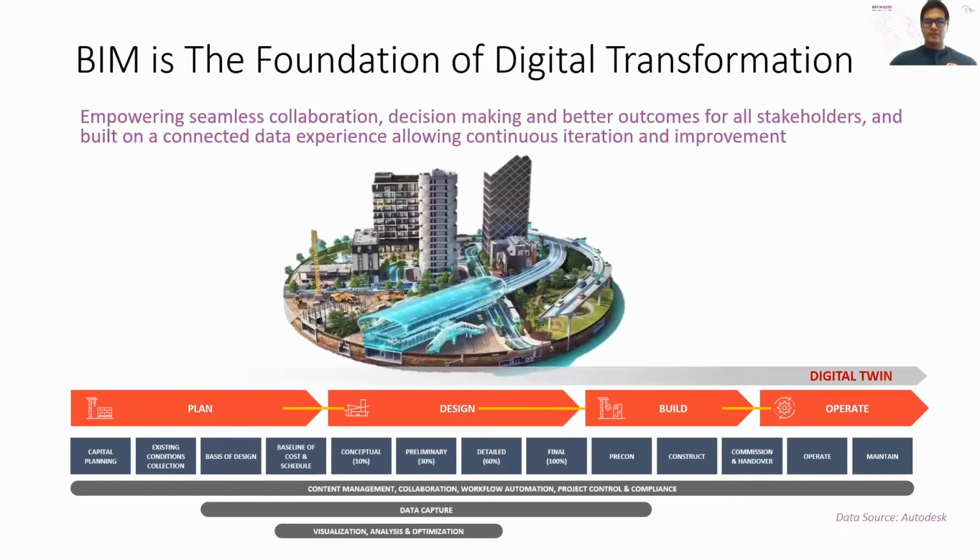Now, you've seen this image again, but just to dig into this a bit deeper. It empowers seamless collaboration, decision-making, and better outcomes for all stakeholders, and is built on a connected data experience, allowing continuous iteration and improvement.